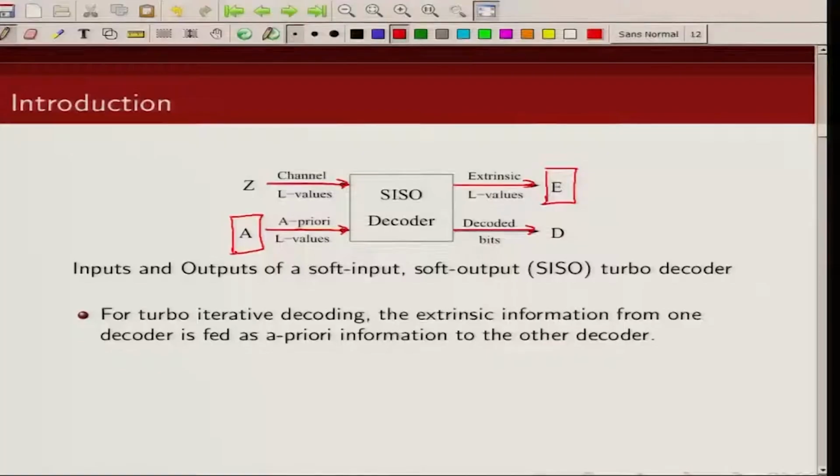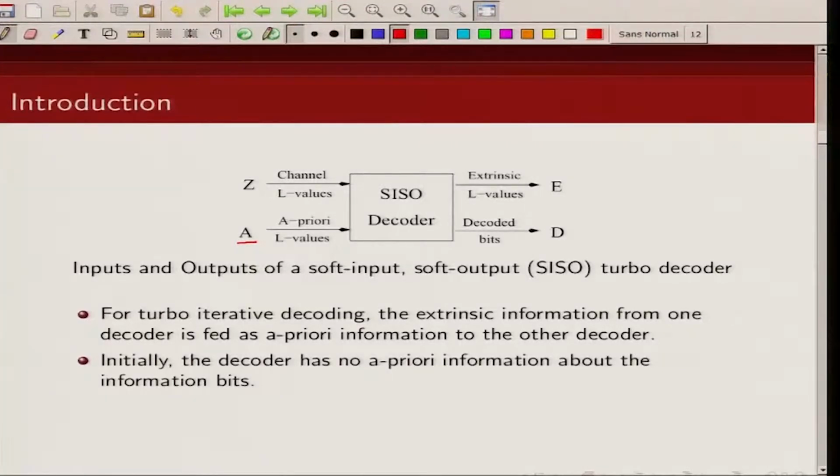So with iteration, initially you do not have any estimate on a priori value, you assume that the bits are equally likely to be 0 and 1, but subsequently with iteration, when your extrinsic values are generated, those are passed on as a priori value. Now the channel L values remain same for a fixed signal to noise ratio. For a receive bit, the channel L value remains same. Only thing changing with iteration are these two quantities, this a priori value and the extrinsic value.